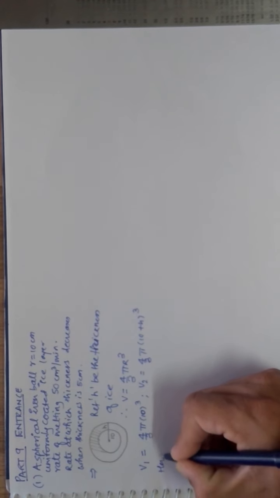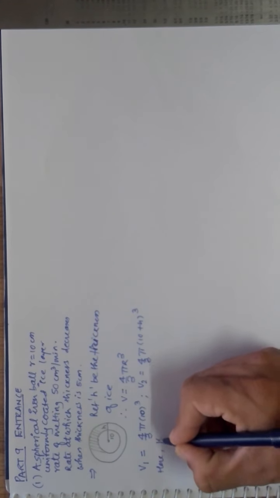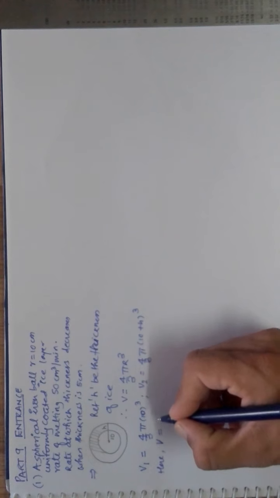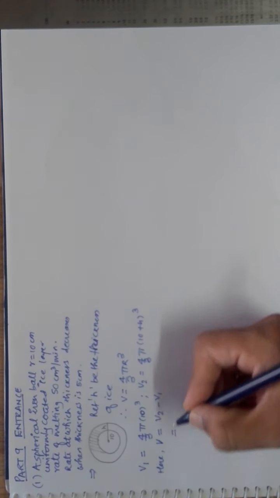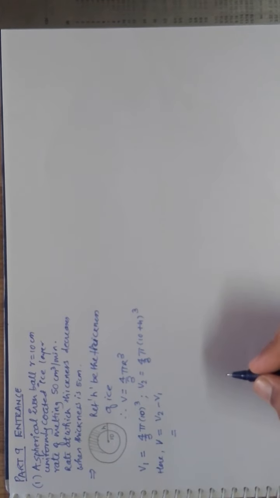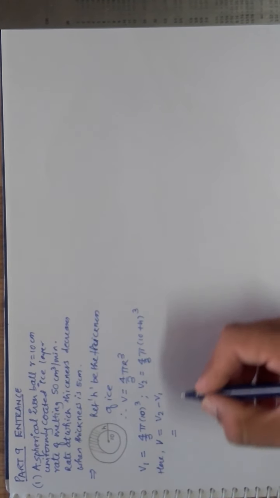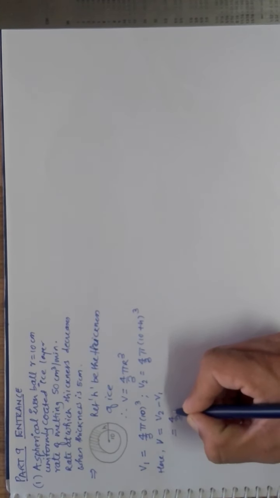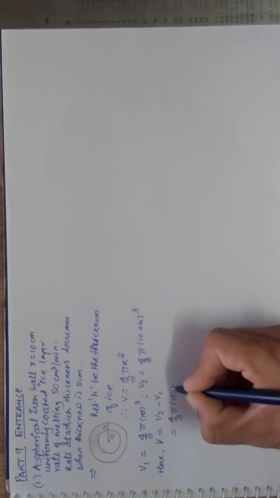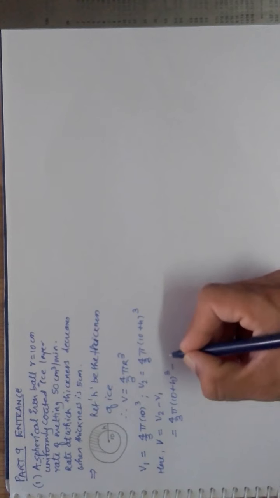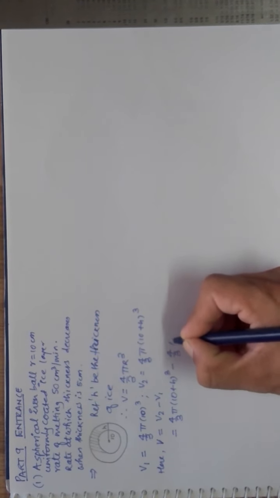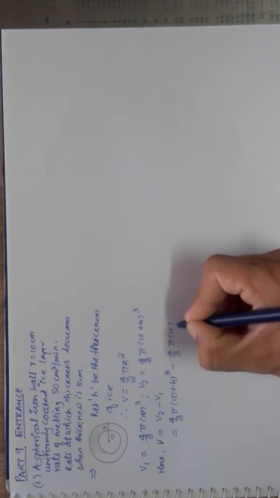So the required volume V is V2 minus V1. That is 4 by 3 pi (10 plus h) the whole cube minus 4 by 3 pi 10 cube.